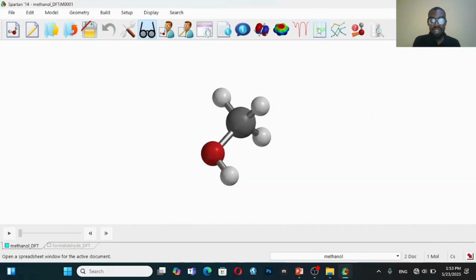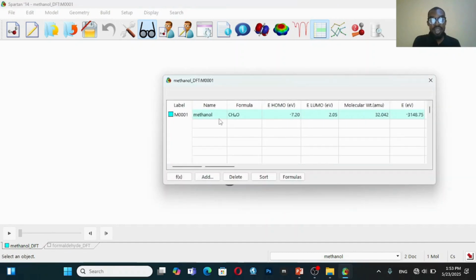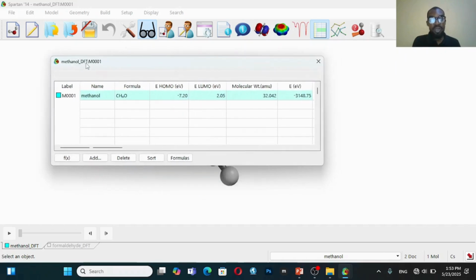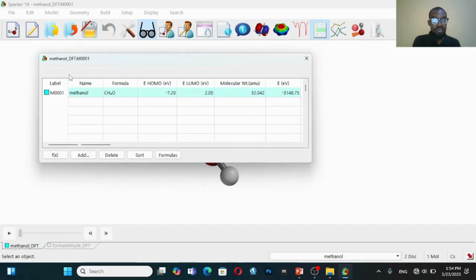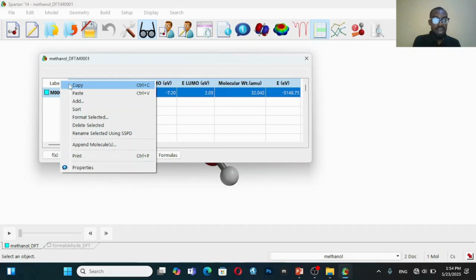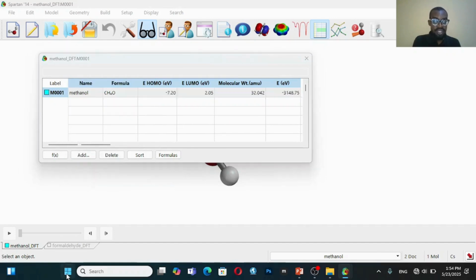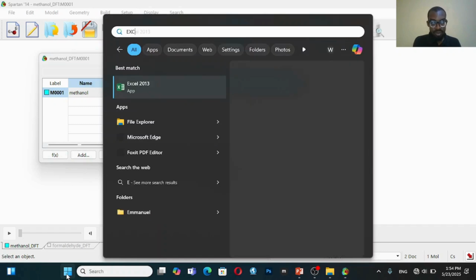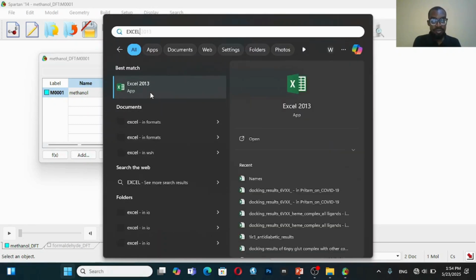Now, what I often do is copy this before copying it. So I highlight it and then take it to an Excel file. So I will open an Excel file.